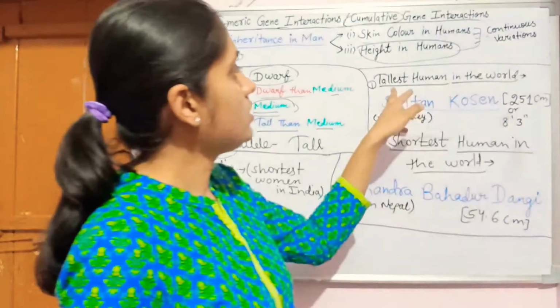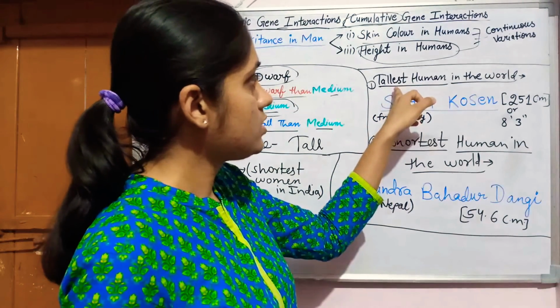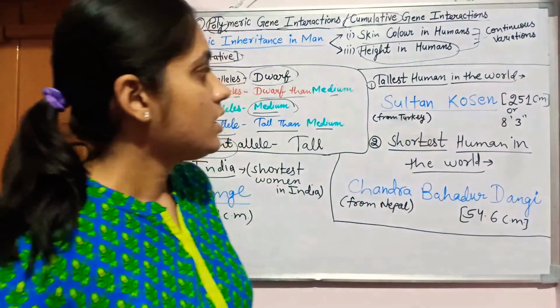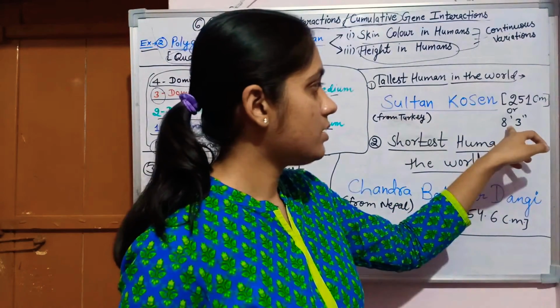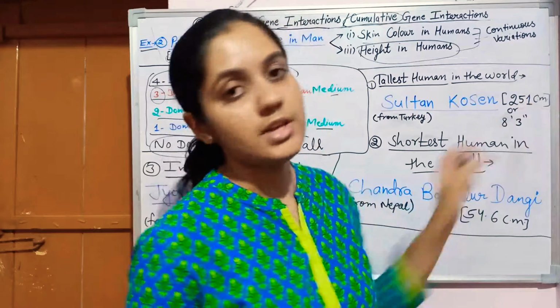Okay, so for example, the tallest human in the world is Sultan Kösen from Turkey, whose height is about 8 foot 3 inches or 251 centimeters.